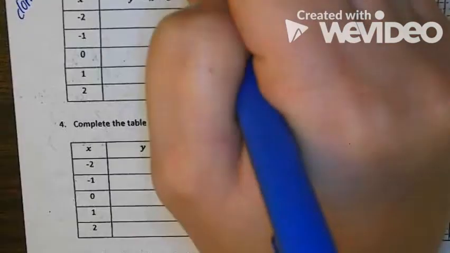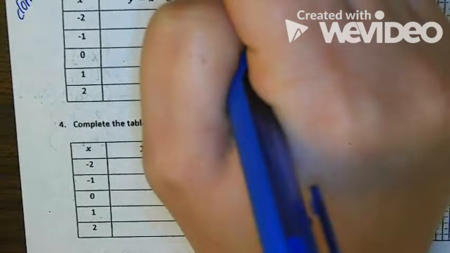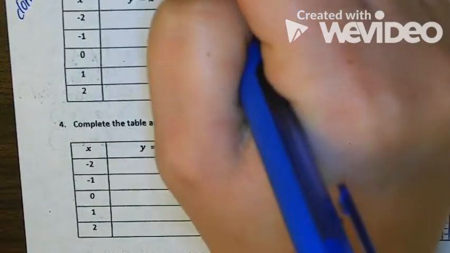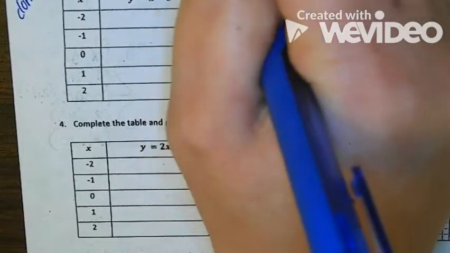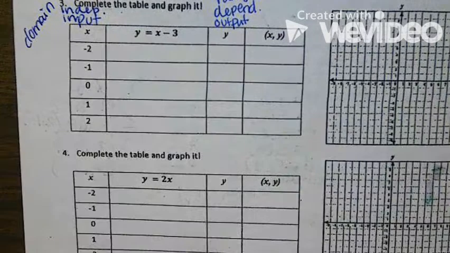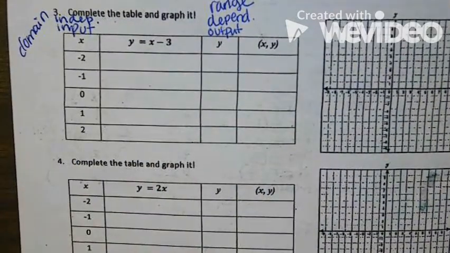It's our output, it's our dependent. Why don't you have a pencil? You depended on Miss Millen. And it's our range. So there are our vocabulary words. But that was just a review. We don't really need those to know how to plug in.